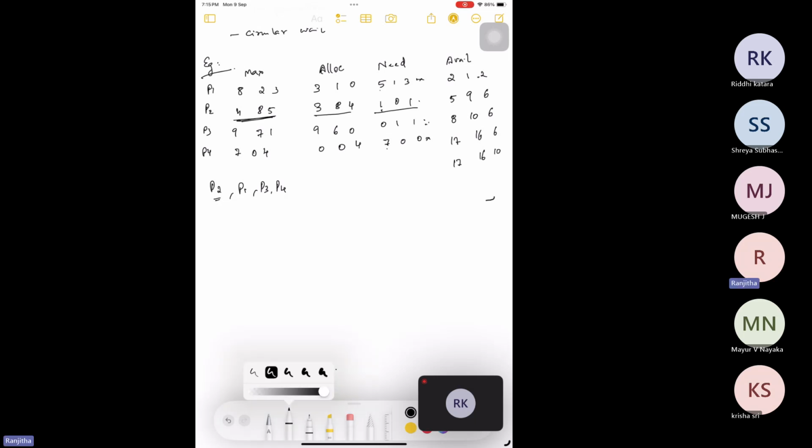There is one more question similar to this in the previous year question paper. We'll discuss that now itself.